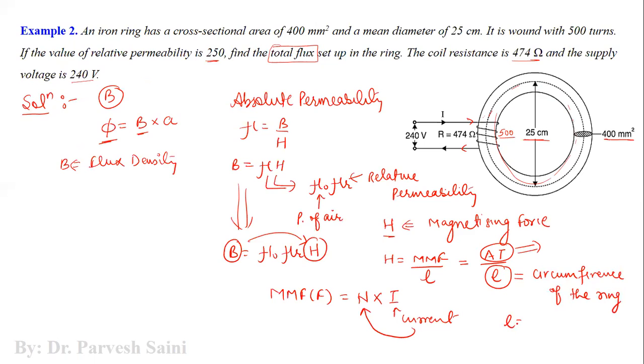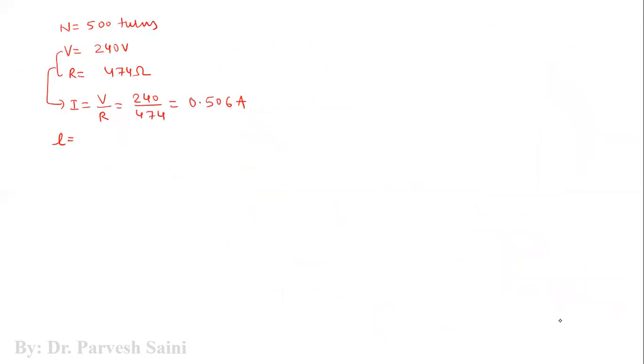So L is equal to 2 pi R or pi D, right? So we can find out L. So L is equal to pi into, so D is 25 centimeters. So 25 into 10 raised to the power minus 2 meters. So this is equal to 0.7854 meter. So from here we can find out H.